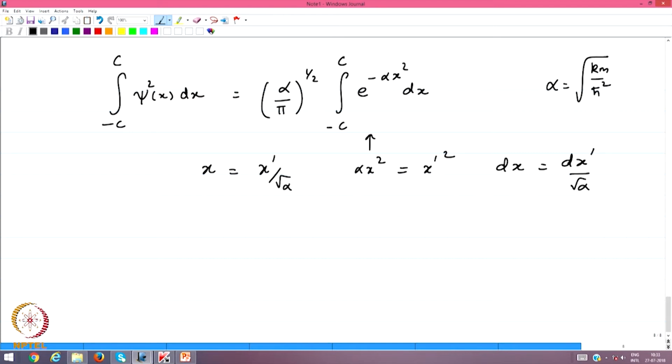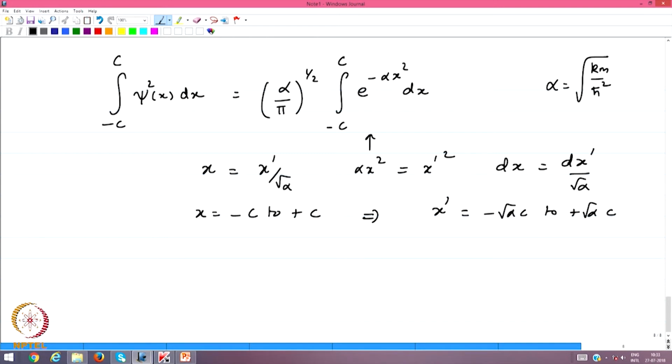Therefore, the limit x equal to minus c to plus c implies x prime is equal to minus root alpha c to plus root alpha c.